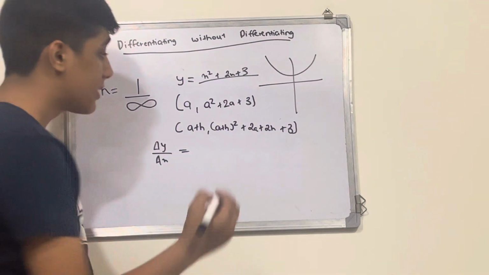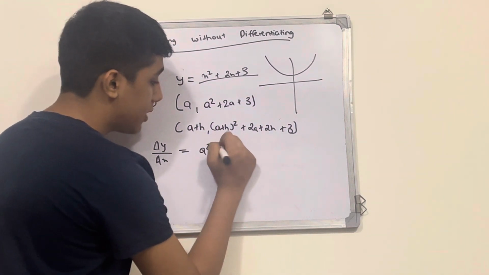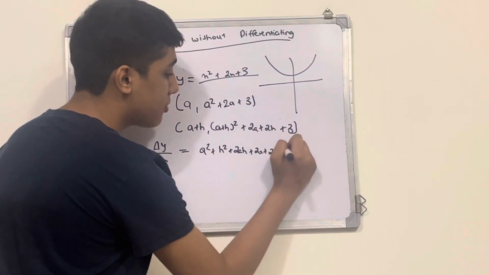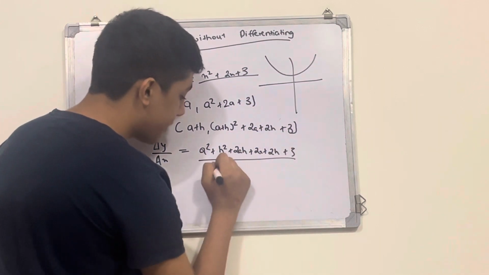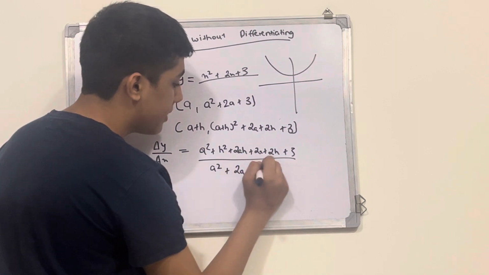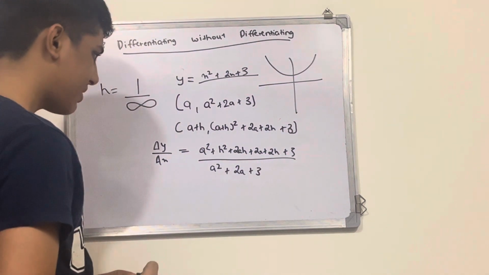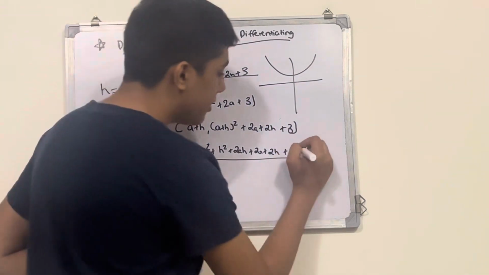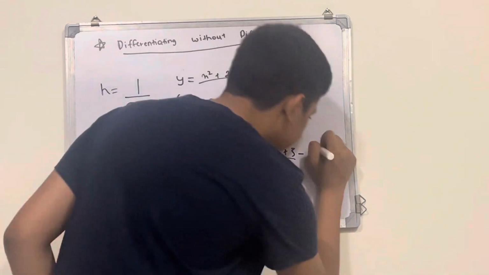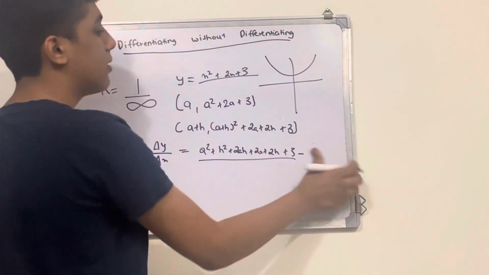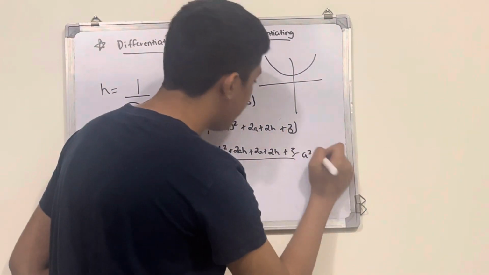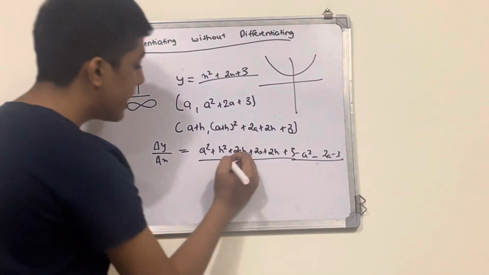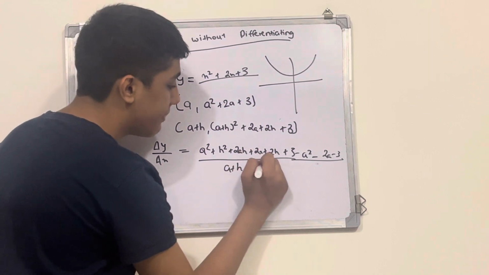You're gonna have a squared plus h squared plus 2ah plus 2a plus 2h plus 3, minus a squared minus 2a minus 3. This is going to be delta y, and delta x will be a plus h minus a.